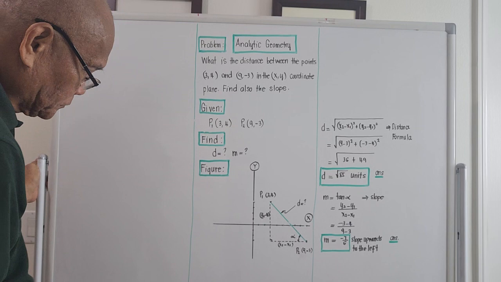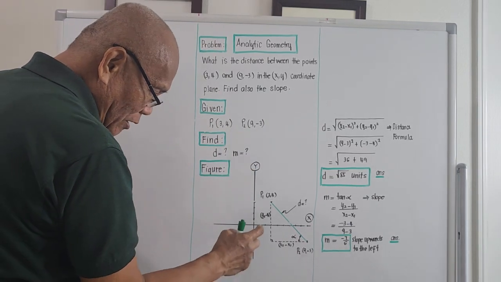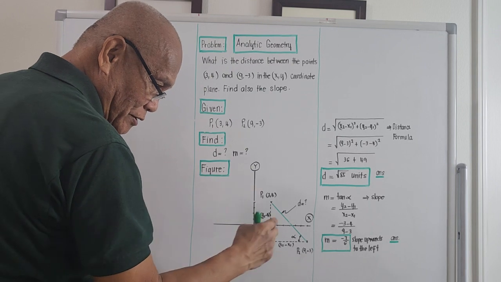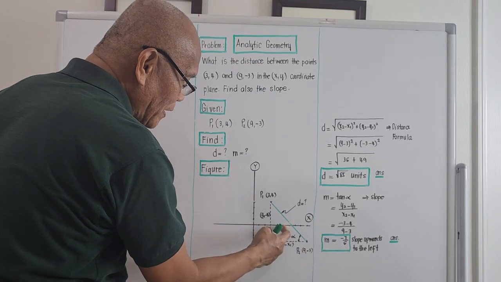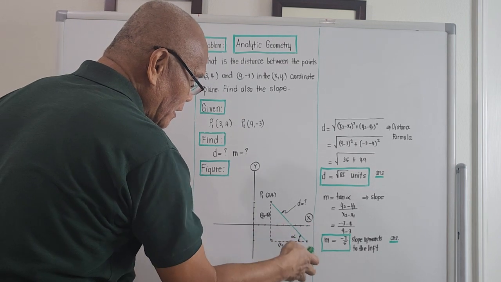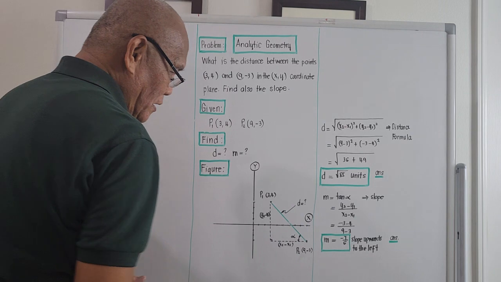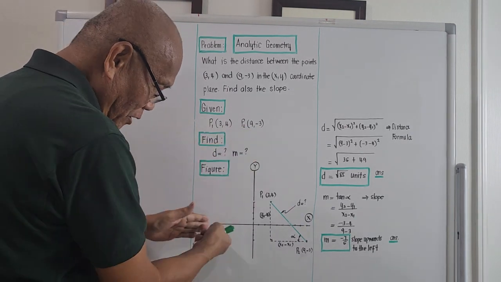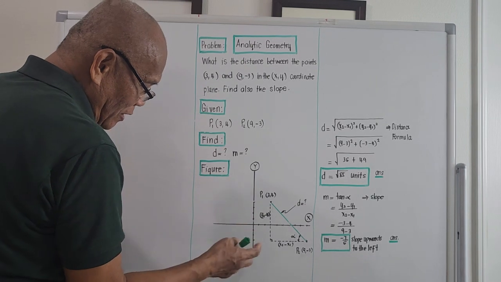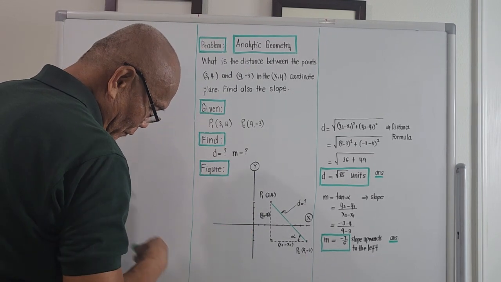Point number 2. The abscissa is 9. So we will count the abscissa along the x-axis 9 units. So this is 1, 2, 3, 4, 5, 6, 7, 8, 9. This is 9 with respect to the y-axis, right? And the ordinate is actually negative 3. Negative, so it is below the x-axis. So we will count 3 units below, this 1, 2, 3.